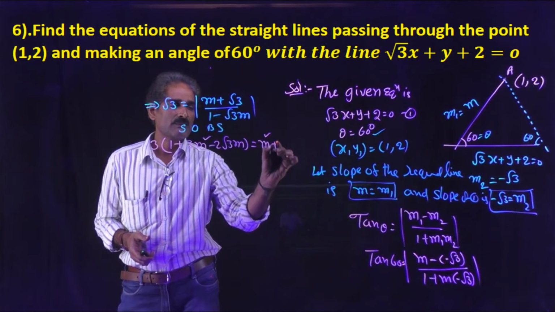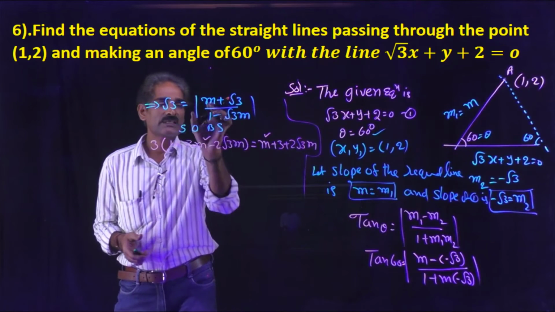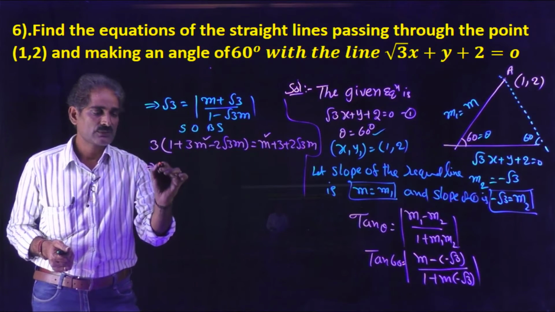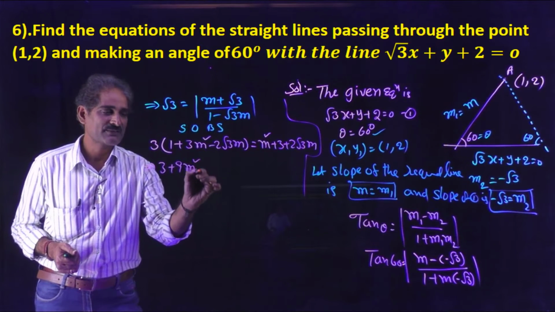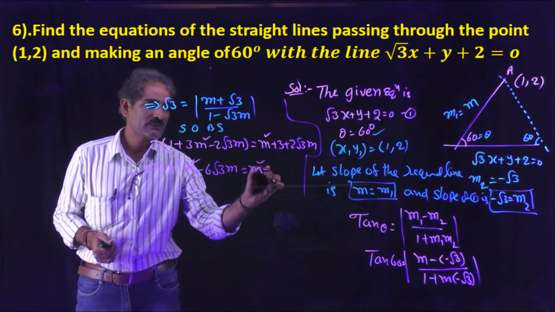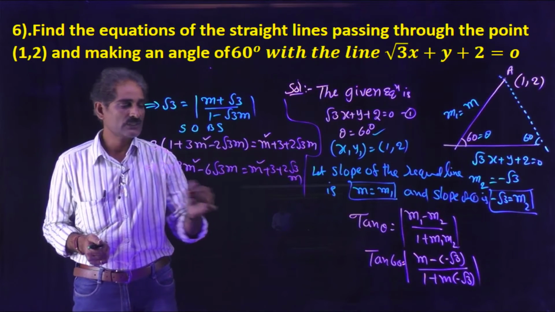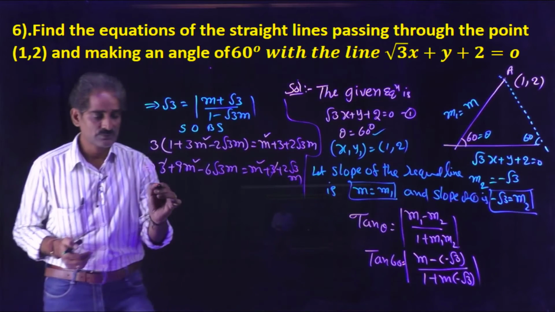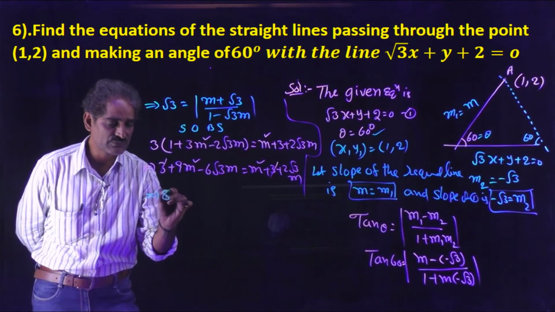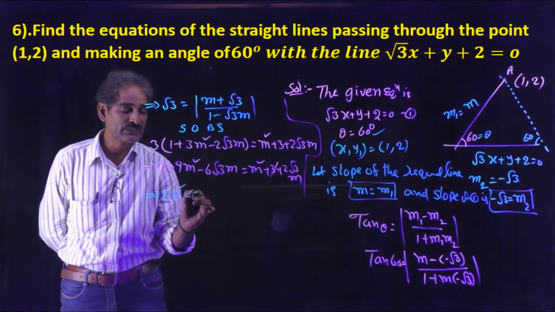Now multiplying, 3 plus 9m square minus 6 root 3 m equal to m square plus 3 plus 2 root 3 m. Here 3 gets cancelled. Now observe, 9m square minus m square is 8m square, and minus 6 root 3 m minus 2 root 3 m is minus 8 root 3 m.